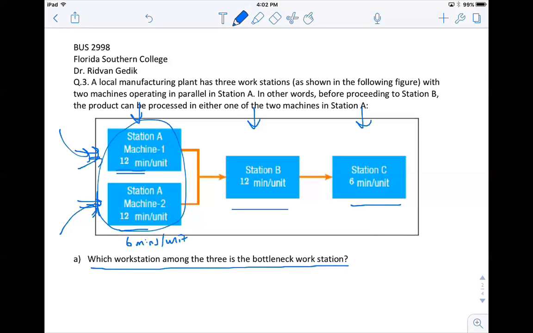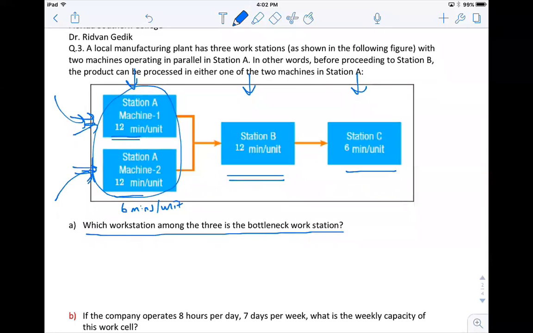Those are identical machines, so we assume that workstation A overall is giving us 1 unit in every 6 minutes. On the other hand, station B is going to take 12 minutes to process 1 unit, and station C is going to take 6 minutes to process 1 unit.